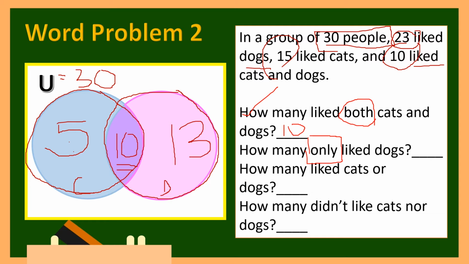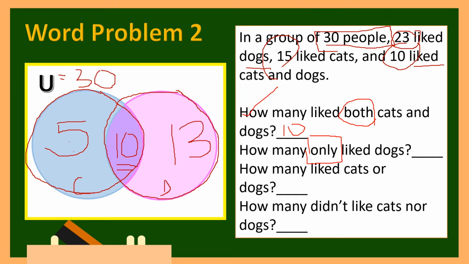Balikan natin ngayon yung ating Venn diagram. Again, ang total elements natin sa ating dog is 23 or simply 10 plus 13. Kung dogs lang daw ang hahanapin natin, anong gagamitin natin? Paano natin siya makukuha?